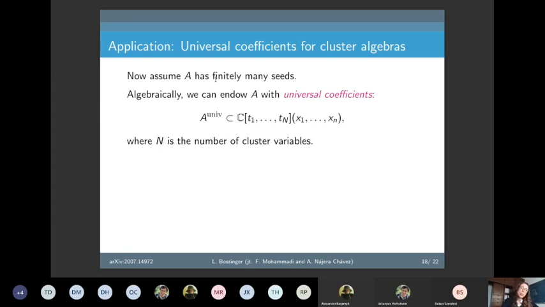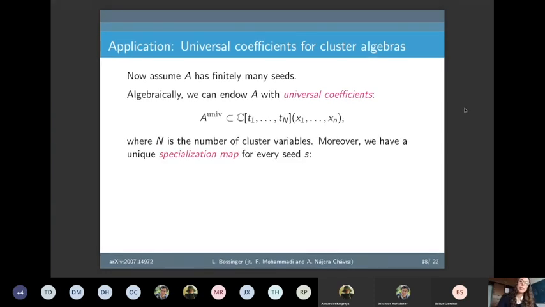So in particular, if I would drop my assumption that A has finitely many seeds, I would possibly get infinitely many seeds, and hence infinitely many cluster variables, and my coefficient ring would just explode into a polynomial ring with infinitely many variables. This is not impossible. The theory of universal coefficients is in fact developed in this case, but for my application, this will pose complications that I, at this point, want to avoid. So we just treat this case with finitely many cluster variables.